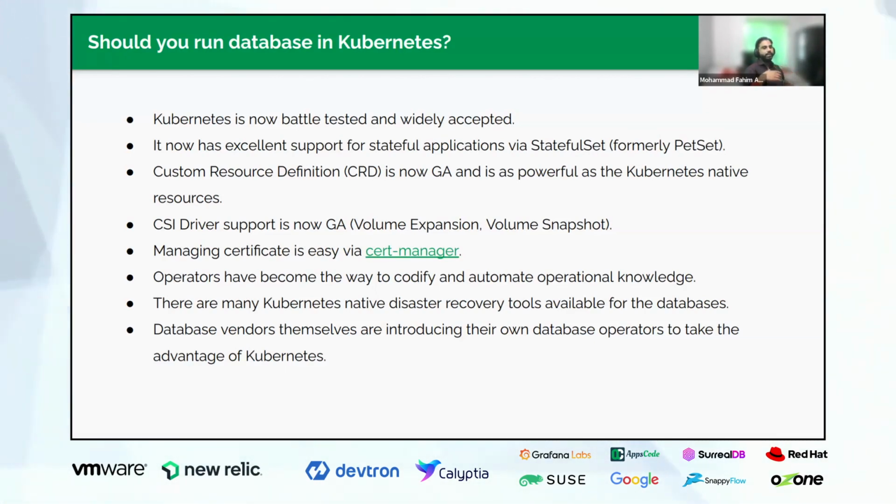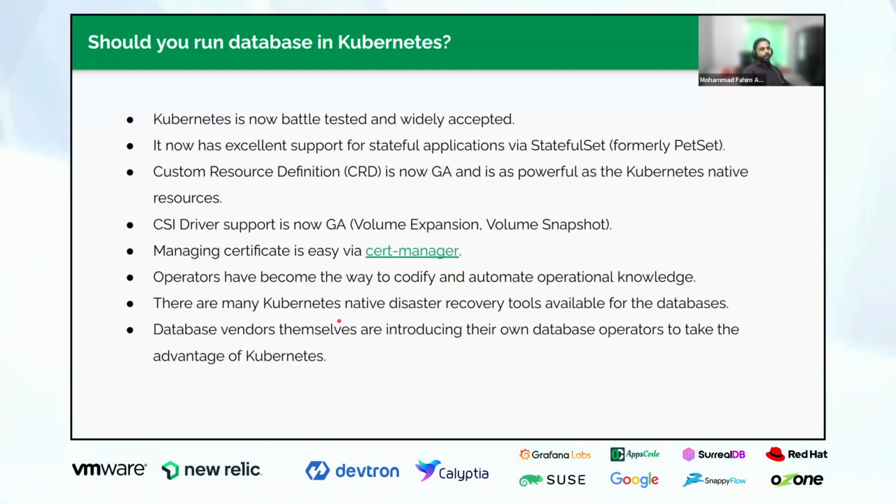You have to change the image of the secondary first, then the primary. Then when all of them come up, you do the router, etc. Finally you check that everything works properly. An operator can make all of those things easier, because it can codify the whole procedure automatically. So with an operator, it is very easy to manage databases on Kubernetes.